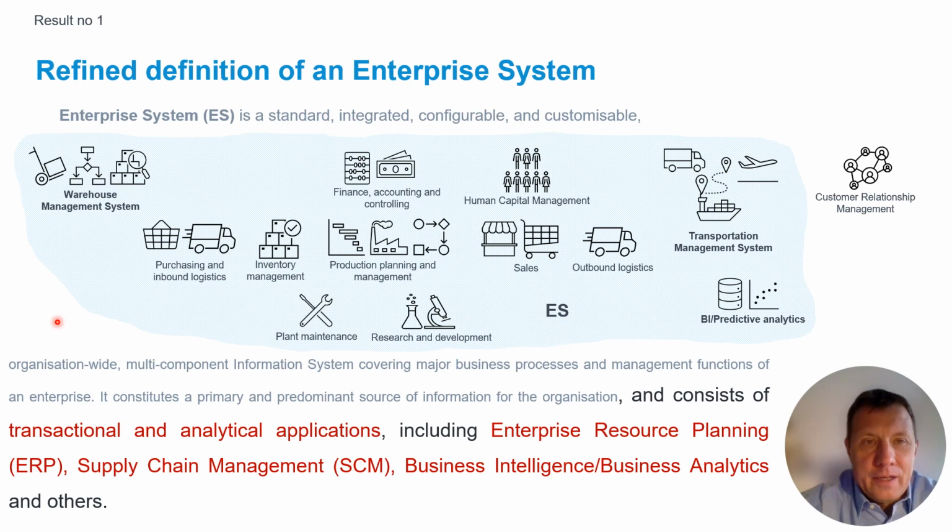So looking at an example of SAP S/4HANA, it has standard ERP functionality, but in addition to that, it has a warehouse management system, which is called EWM, and a transportation management system, which is called TM. It has also BI and predictive analytics. So all these functionalities are now embedded into big enterprise systems.